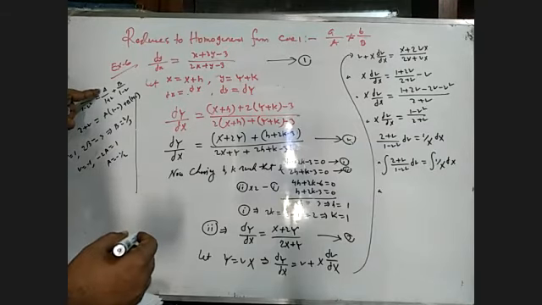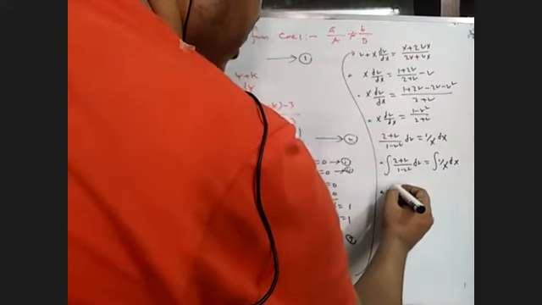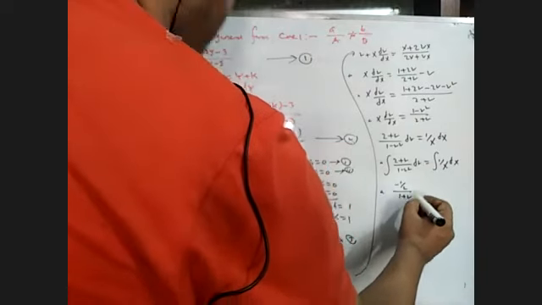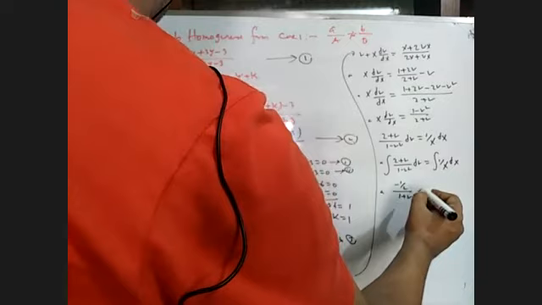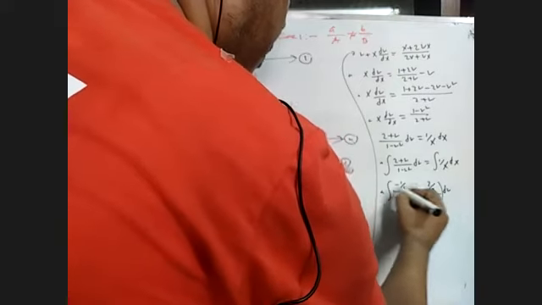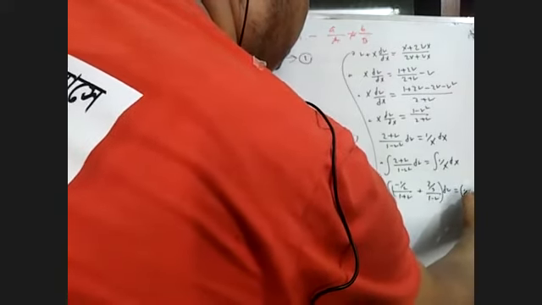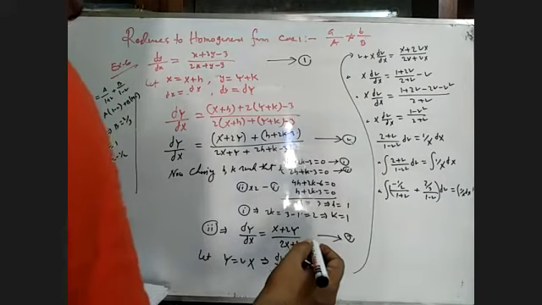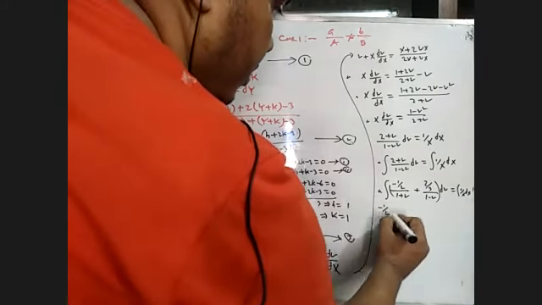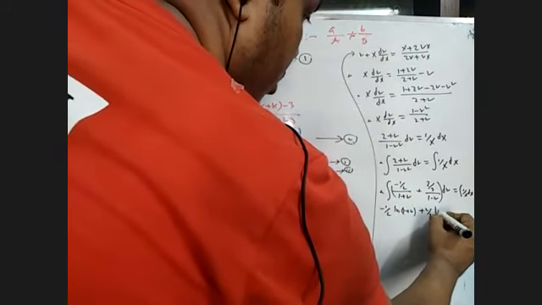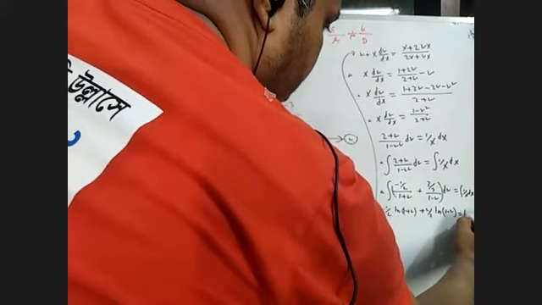Putting A equals minus half, we can write this into 2 parts: minus half divided by (1 plus v), and another one, 3 by 2 divided by (1 minus v), dv equals dX by X. Now integrating on both sides, we can write minus half log (1 plus v) and this will be 3 by 2 log (1 minus v) equals ln X plus ln c.